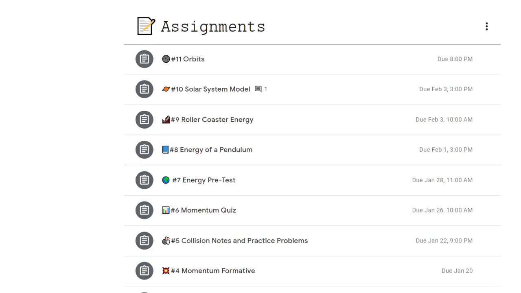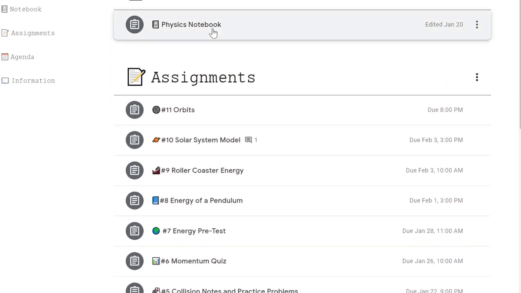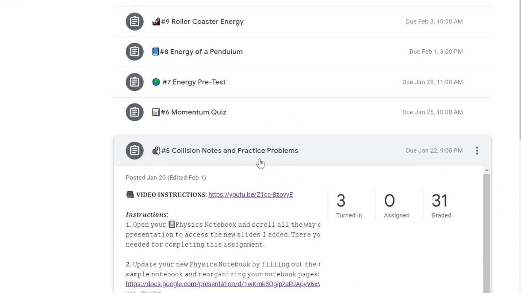When you are done with your notebook, you don't ever have to press turn in here. As soon as you press turn in, I believe you lose access to it. So you don't want to do that because you want to have access to your notebook. What I'm doing is I'm assigning work through their own individual assignments.